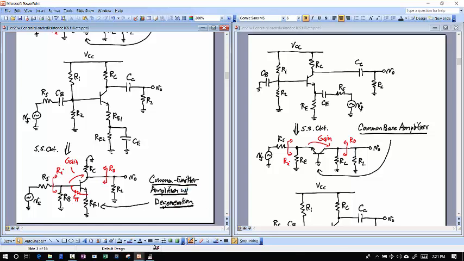But when you try to determine this input resistance here, some people will try to write that the input resistance is equal to the R pi that I see there and this RE1, because that's what's going to ground. So some people will try to say that that's equal to R pi plus RE1. Okay, does it look like that's what it is? It does look like that's what it is, but that is wrong.